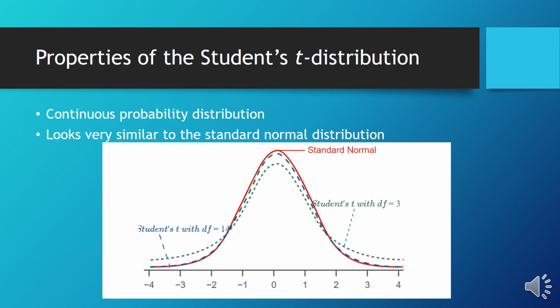But the difference here with the student's t-distribution is that rather than being defined by a mean and a standard deviation, it is solely defined by one parameter, which is called the degrees of freedom. The degrees of freedom are based on your sample size, and as you can see here, they're abbreviating degrees of freedom with DF.